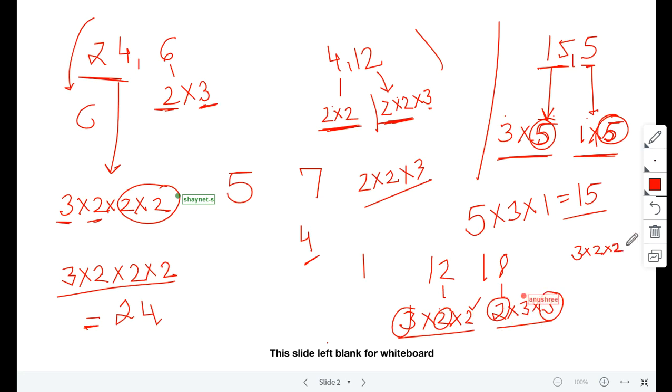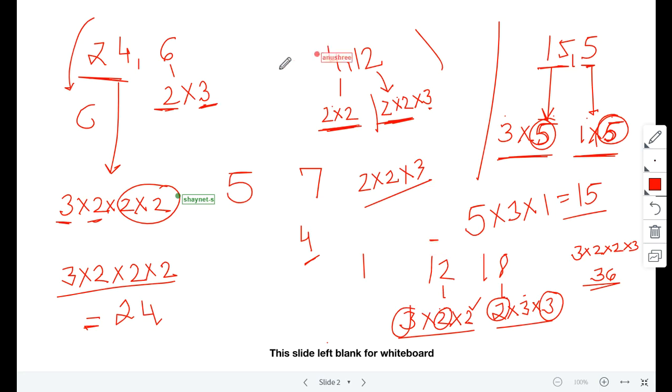And 3 is also not common, so write 3. So if you multiply them together, you'll get 3 times 2, 6. 6 times 2, 12. 12 times 3, 36. So 36 is LCM of 12 and 18. Clear? Yeah. Write down this, then I'll give you.